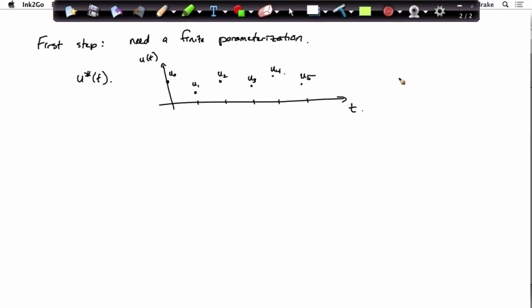There are a couple of decisions I could make. I could just say that the value in between these is just whatever it was. I'm just going to hold my previous value until the next value occurs. This would be the piecewise constant.